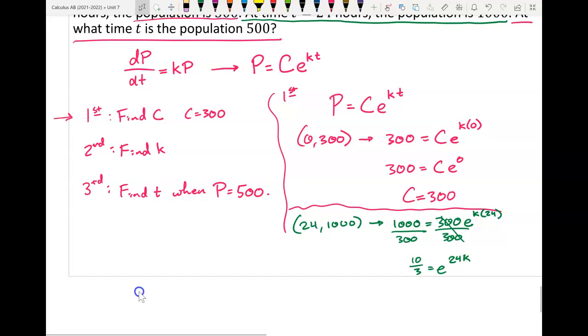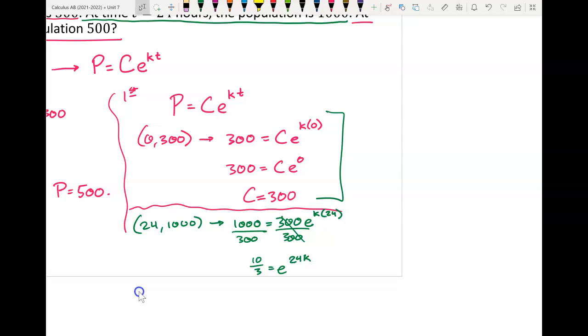Josh? Why can't we use the point where k is 0? I already did. I already used that. Because it wouldn't help me find my k. I now need to find k. Let's see about that, okay? So my c is equal to 300.